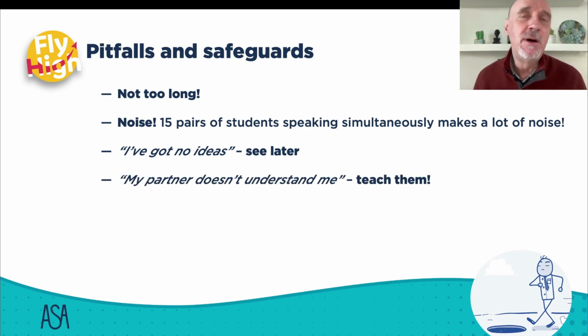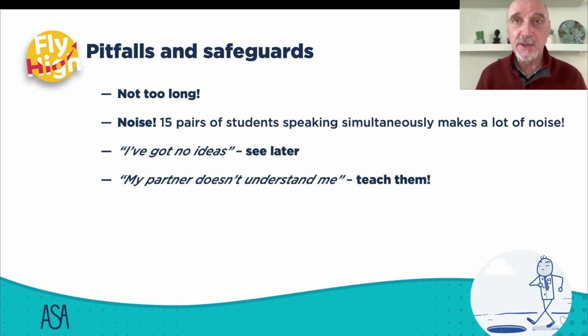Another one is, my partner doesn't understand me. You put them in pairs to talk about something, and you may have an extremely fluent student working with one who has great difficulty. One simple way around this is to make part of the speaking activity for the strong student to try and teach the language that their partner needs to express themselves in a basic way.